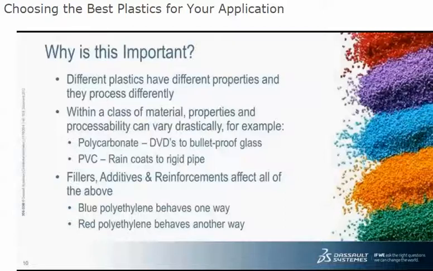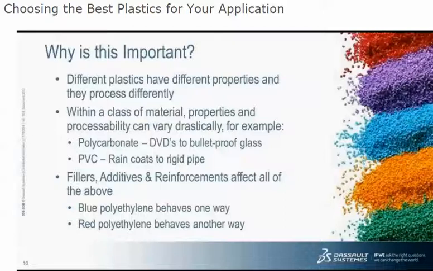So for example, we talk about polycarbonate. That can be used to make DVDs or bulletproof glass. I'll talk a little bit more detail about that in a few seconds. Take a material like PVC, polyvinyl chloride. That can be used to make a very flexible rain jacket to very rigid PVC pipe.